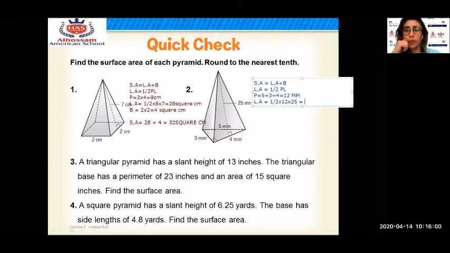Okay, take your time. 150. Yes, 150. Thank you, Ahmed Abdul Halim. 150 square, right? Square millimeter, right? Yes. Okay, now we are done from the lateral area.